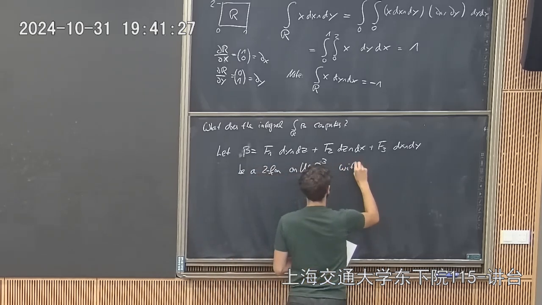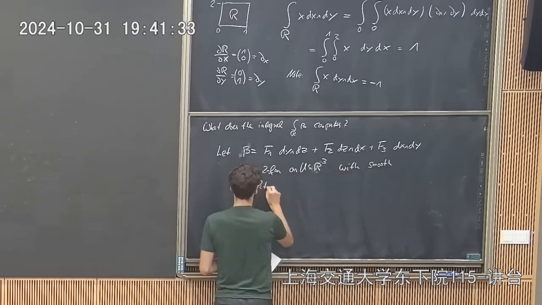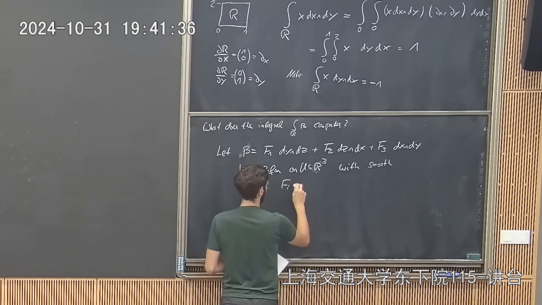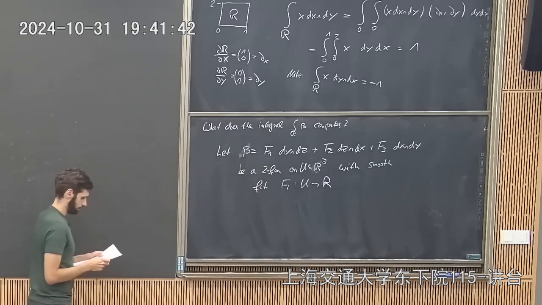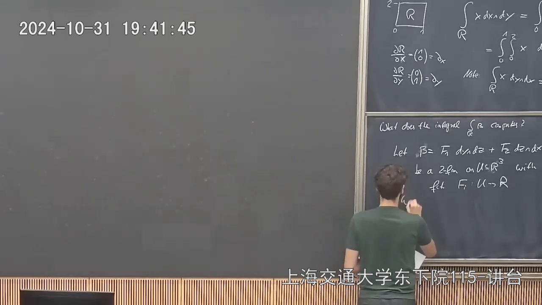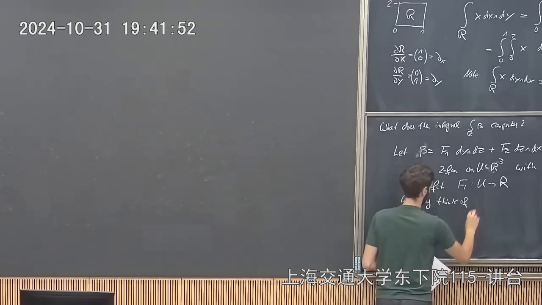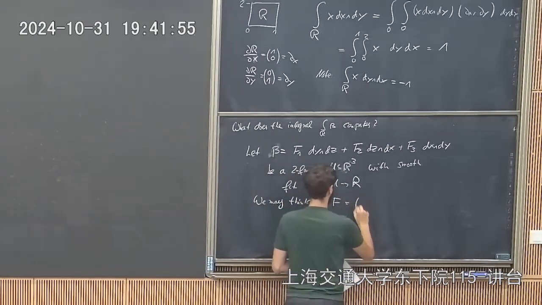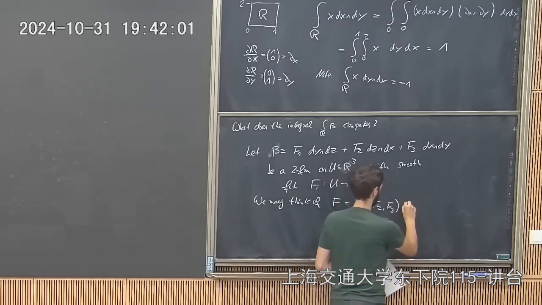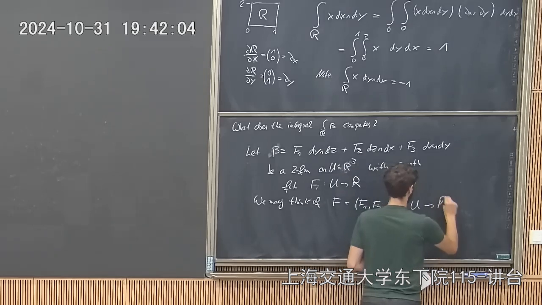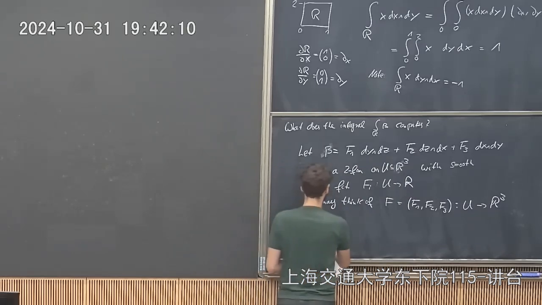Let's remove the functions, the smooth functions f1, and we can also think of f, where we plug all of them together, f1, f2, f3, as a function that eats a point and spits out a vector, and we can think of that function as a vector field.